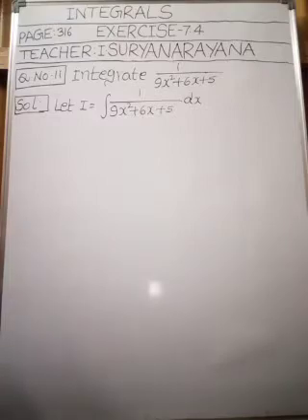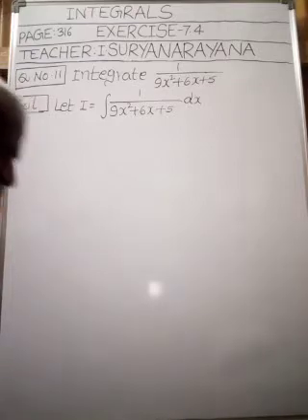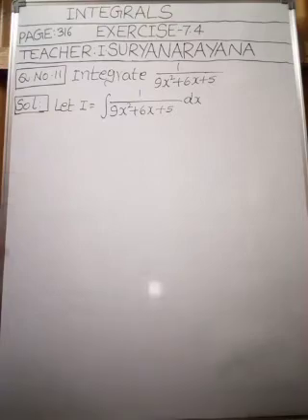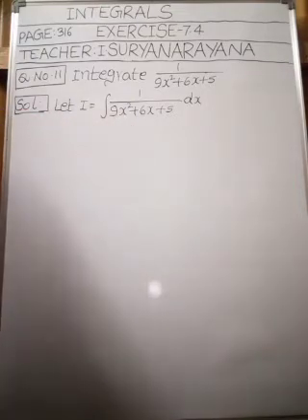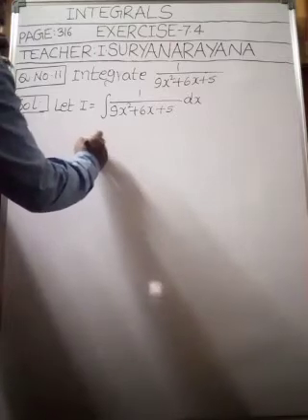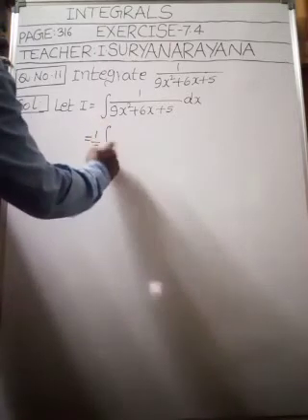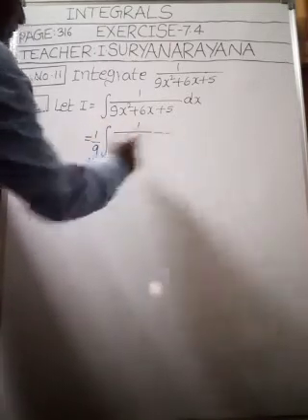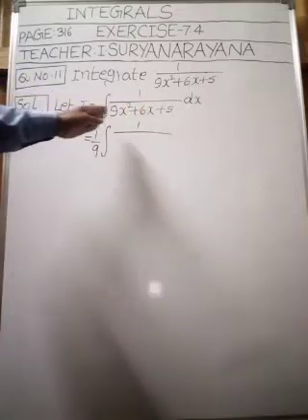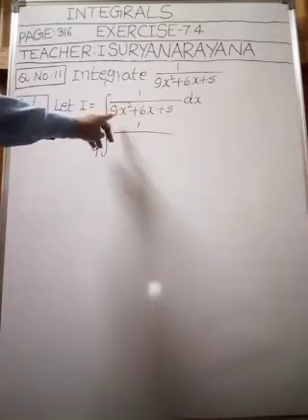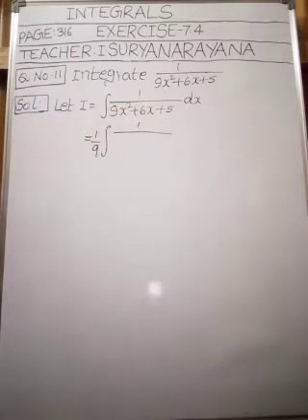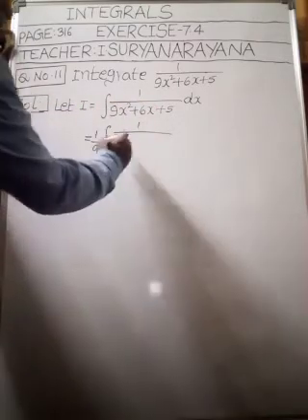So for that, first what I said, we have to make the coefficient of x square as 1. Then what is the coefficient of x square here? 9. So we should take it out. Okay, my children. So 1 by 9 integral 1 by, we are taking the coefficient of x square as a common factor from all these three terms.